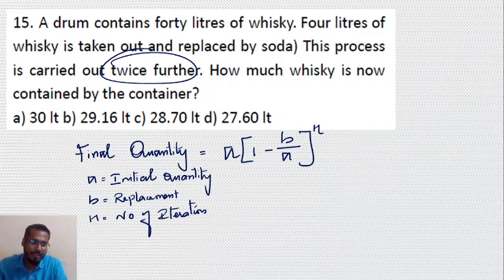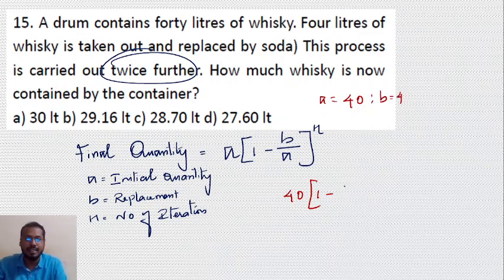So in this, A is what? We had 40 liters of whiskey, that is A. So in the formula you will write 40, and 1 minus B over A. B is equal to 4 liters, the replacement, so 4 over 40. How many times? This is the second thing I need to tell you. How many times was it repeated? Here they say twice further.